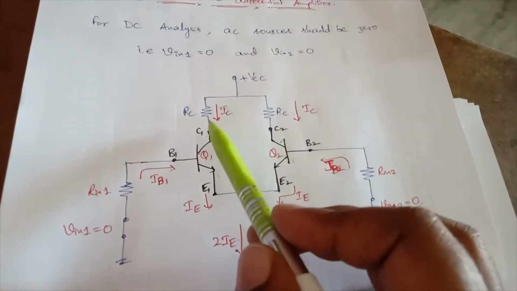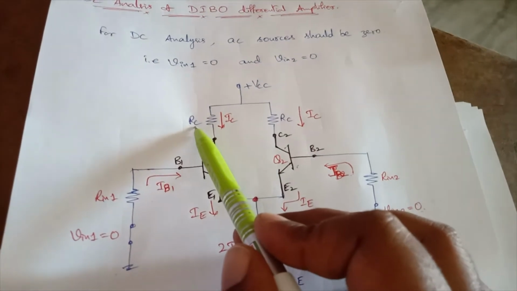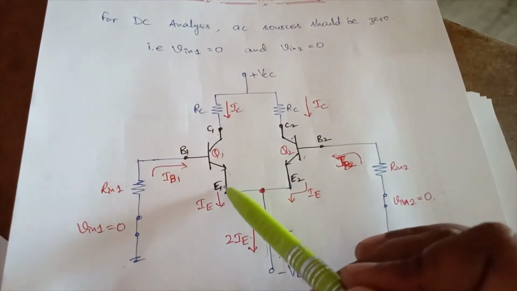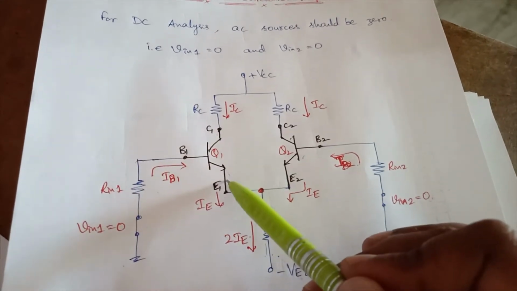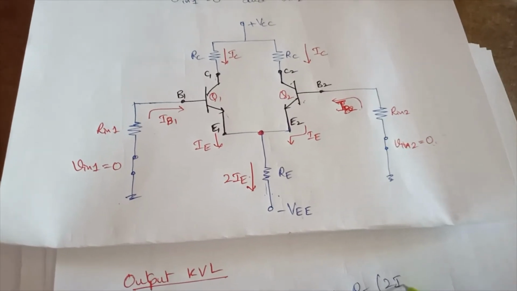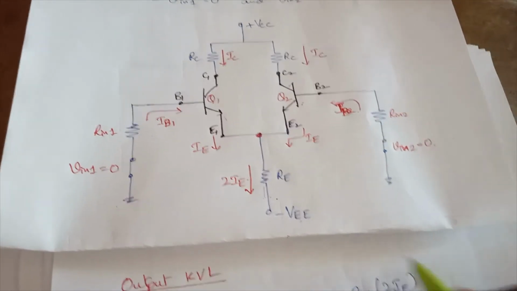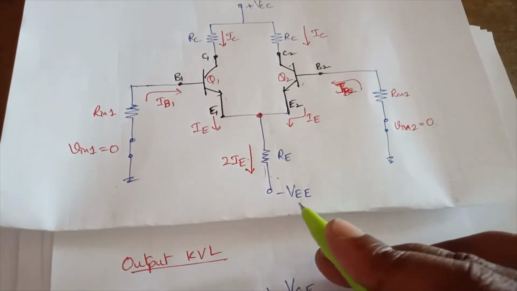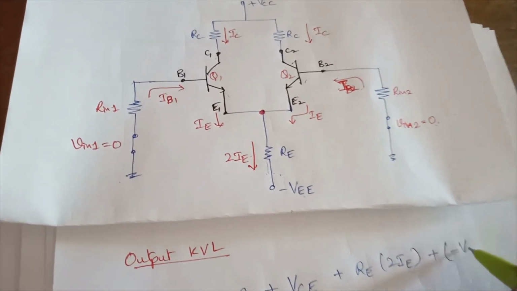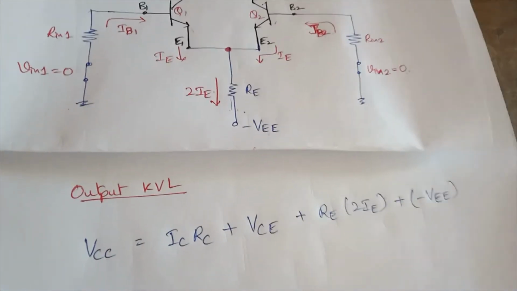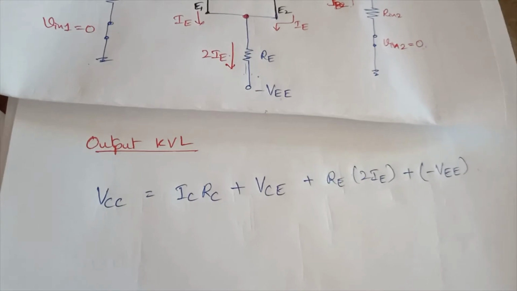VCC is equal to the drop across the collector resistor, that is ICRC, and then the collector to emitter voltage, that is VCE, and then the drop across RE, that is RE into 2IE, then the drop at the negative supply, so minus of minus, plus VEE. So this is the equation for output KVL.